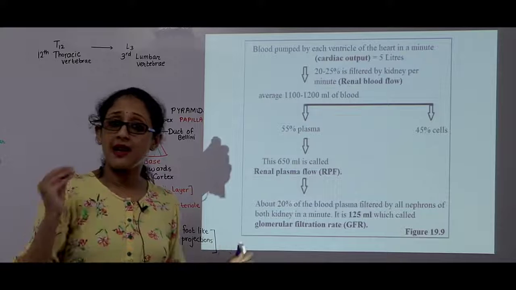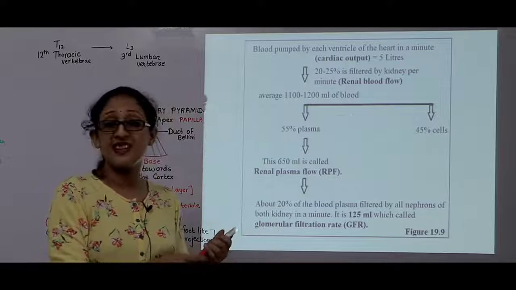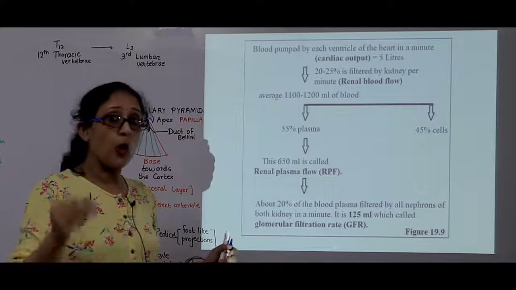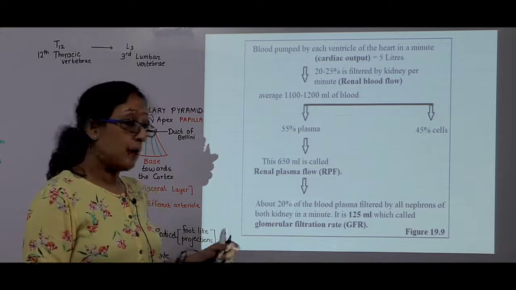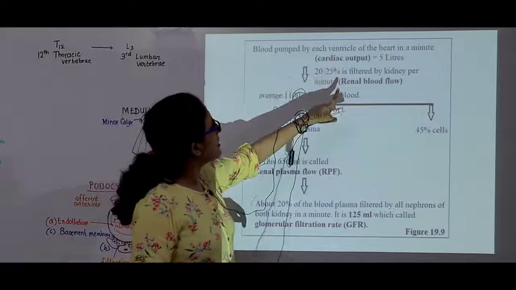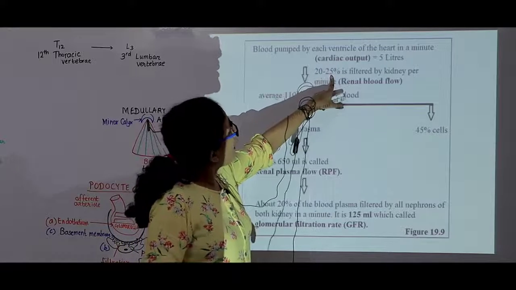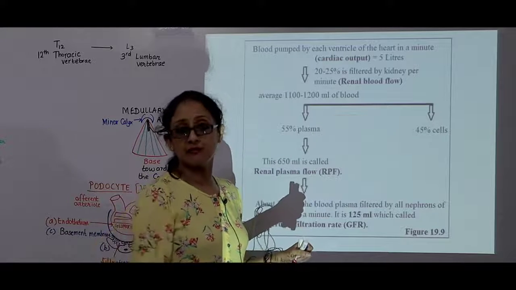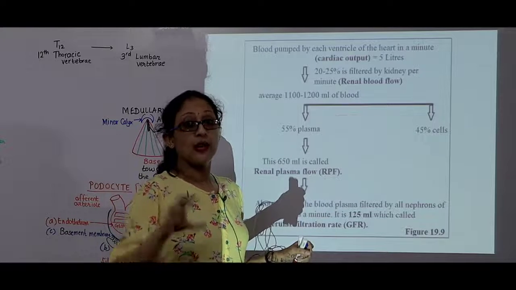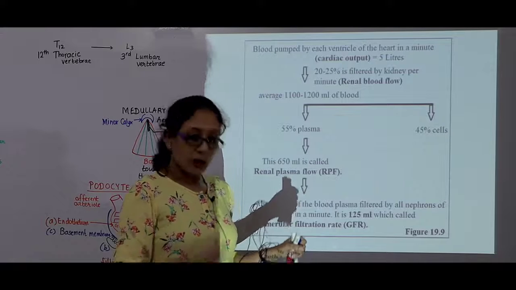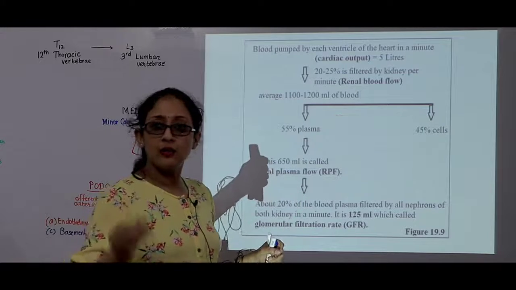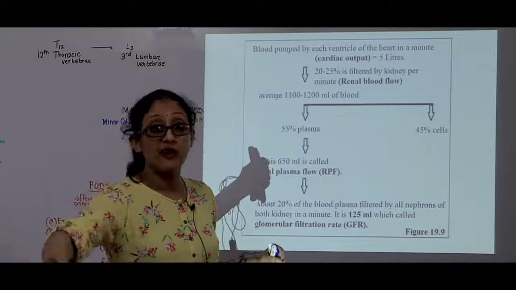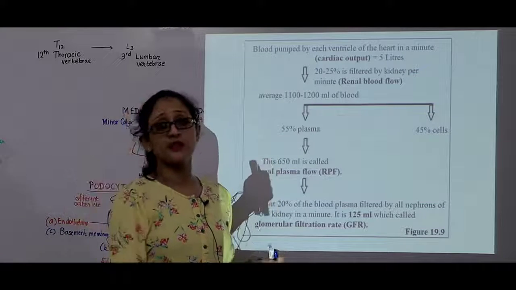Cardiac output is 5 liters, which will go to all parts of the body. But out of that 5 liters, 20 to 25% goes directly to the kidneys for filtration. That's a huge amount for any one organ. Because there are so many other body parts, you imagine 20 to 25% goes only to the kidneys for filtration. That is the importance of the kidneys.